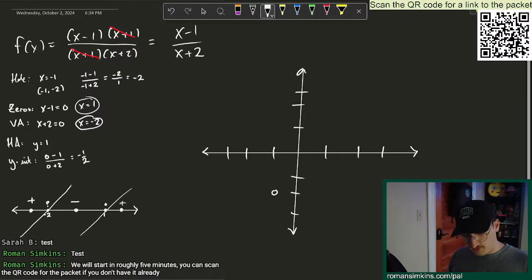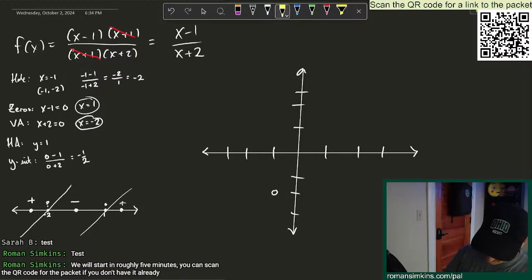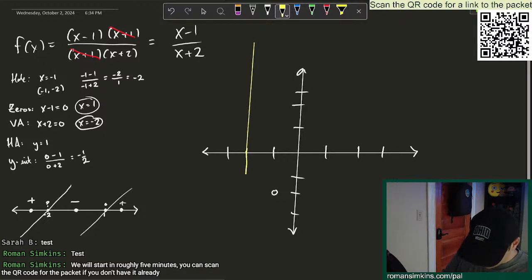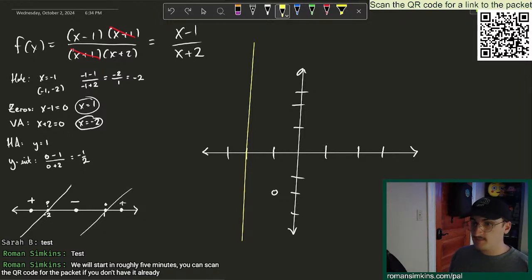We have a vertical asymptote at x equals -2, and I'll draw this in yellow, just so we know that this is an asymptote. This line's not going to be perfectly straight, but my axes aren't perfectly straight either, so you'll have to forgive me for that. Then we have a horizontal asymptote at y equals 1 going across the center.